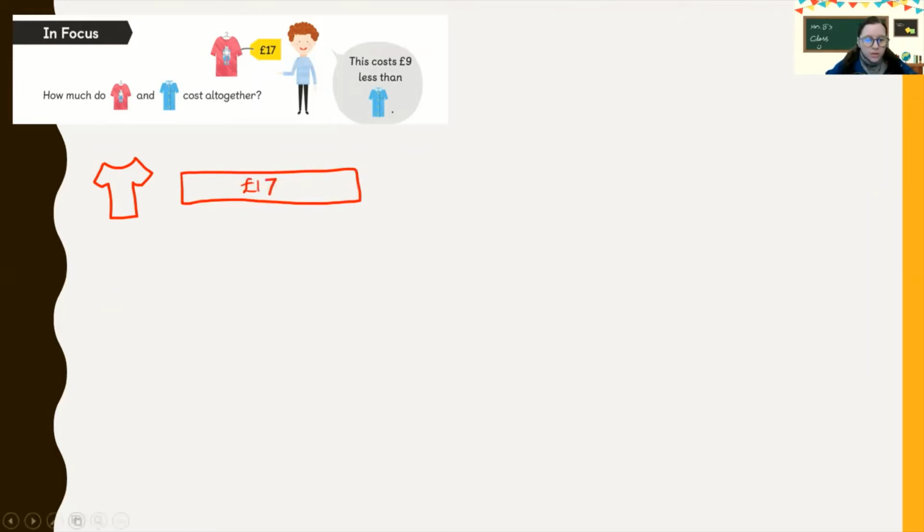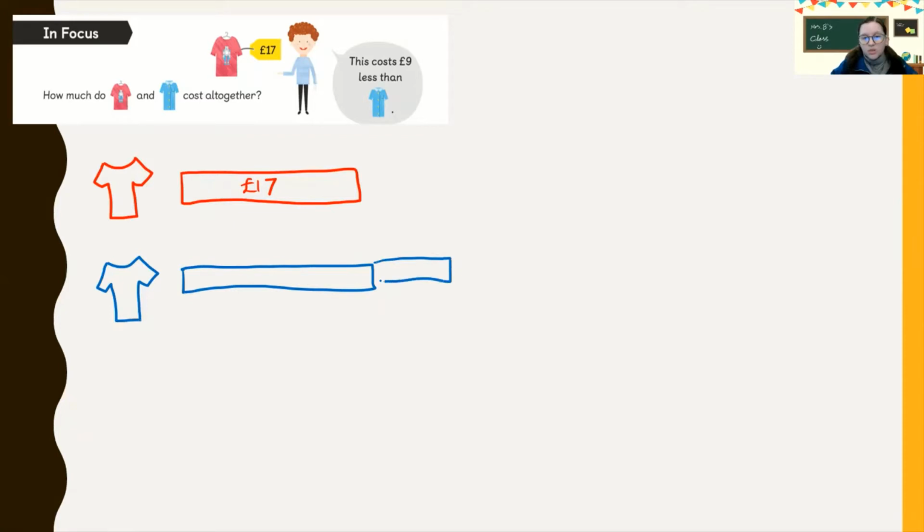The blue shirt we know is £9 more than this. £9 more. Okay, so that is the 17 that we already know, plus an extra £9. So that's the £17 plus it's £9 more.